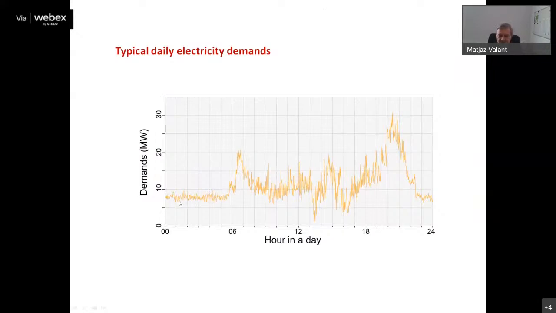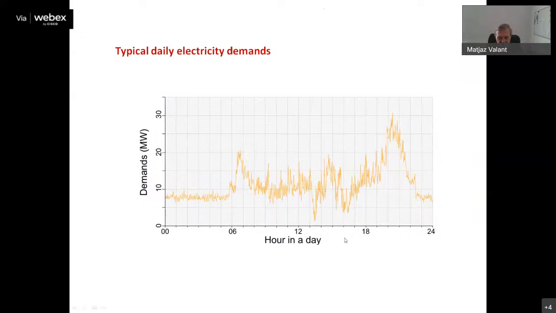Of course, during the night we don't consume so much electricity, but we start switching on our lights or using our kitchen appliances in the morning. Then when we are at work, we have some steady state consumption. But when we go home and warm up or cool down our homes, it increases a little bit, and in the evening it increases even more because we are all using our gadgets and so on, and then it slowly goes down to the night level.